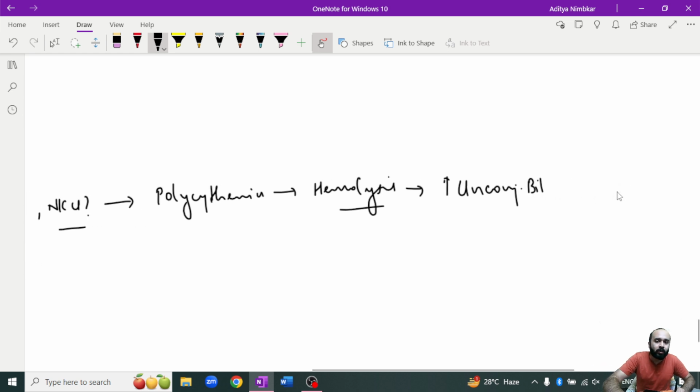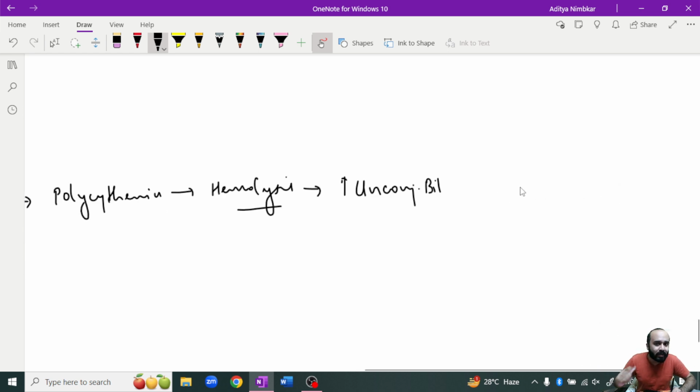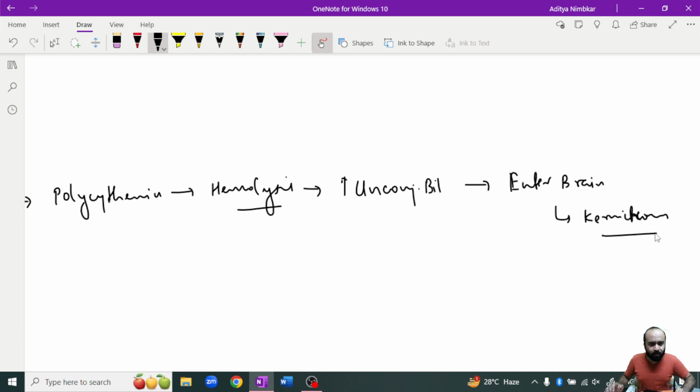Unconjugated bilirubin is not soluble in water, it is not excreted through the urine, and it enters the brain. It crosses the blood-brain barrier. It goes and deposits in the basal ganglia, and that leads to Kernicterus. Kernicterus can lead to cerebral palsy and even fetal neonatal demise.